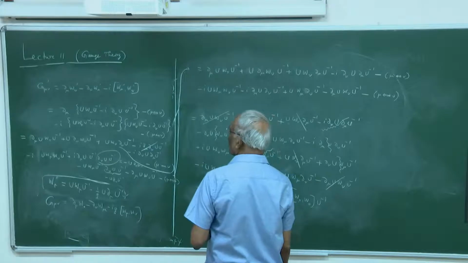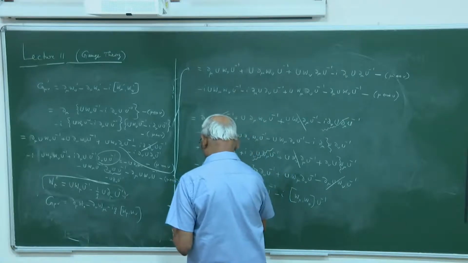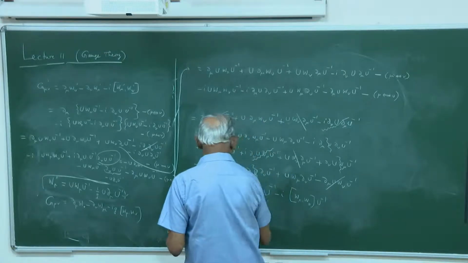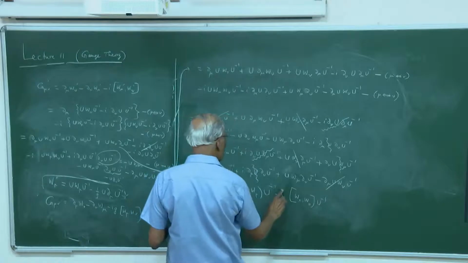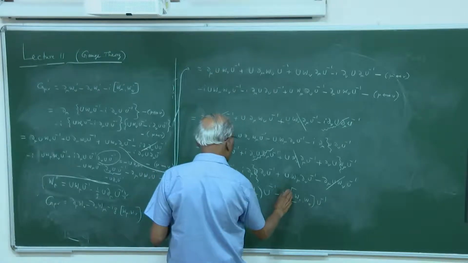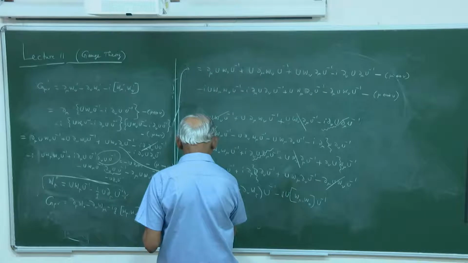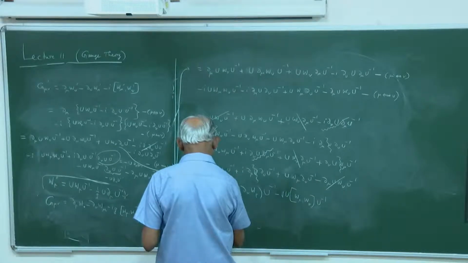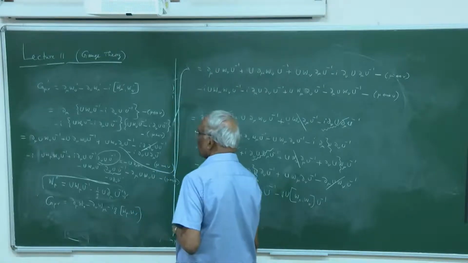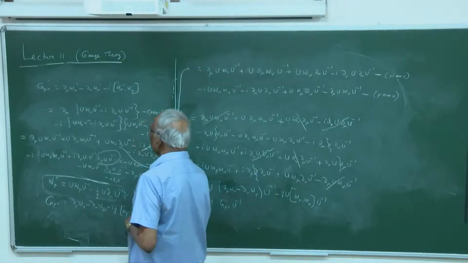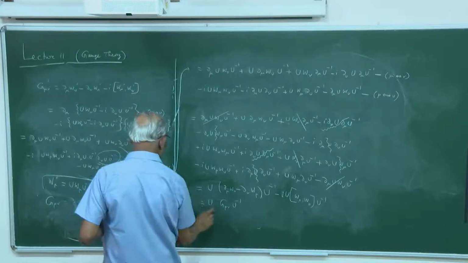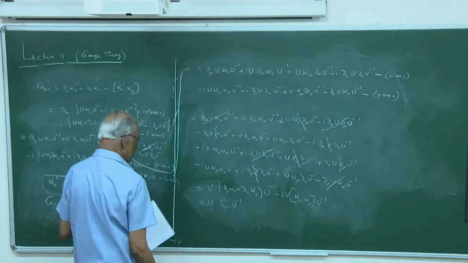So that is what we wanted to prove. Therefore, this is nothing but u, I forgot to write here. We started with g mu nu prime. So g mu nu prime is equal to u g mu nu u inverse.